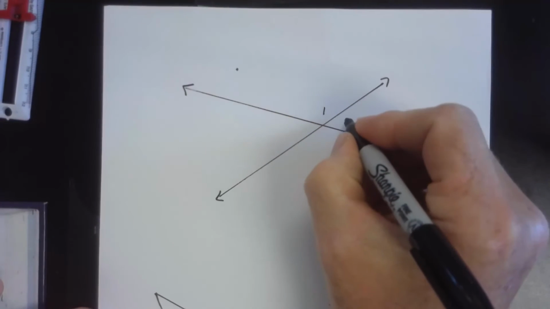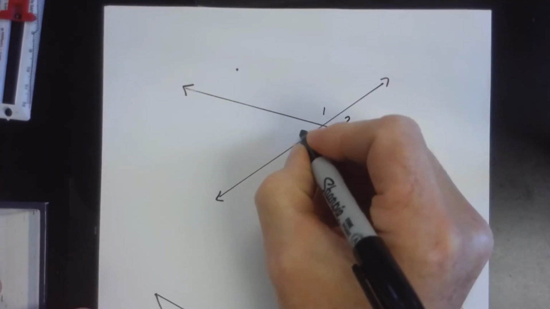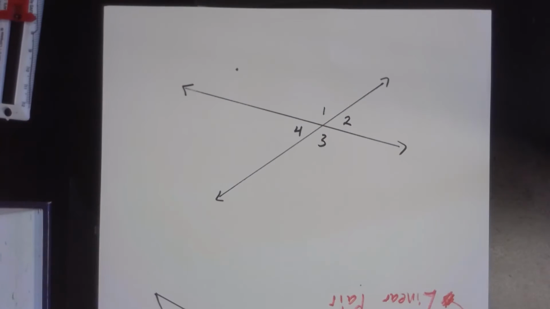And I'm going to number the angles for us. Now, what do you guys think about angle 4 and angle 2? They're congruent. Good. I thought you were going to say they're the same. They're not the same angle. They are congruent, though, aren't they?